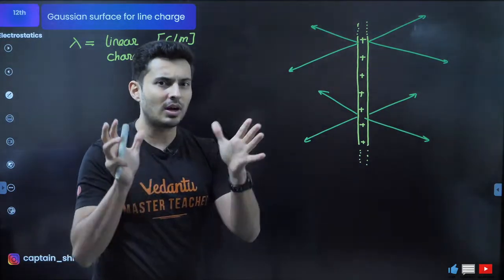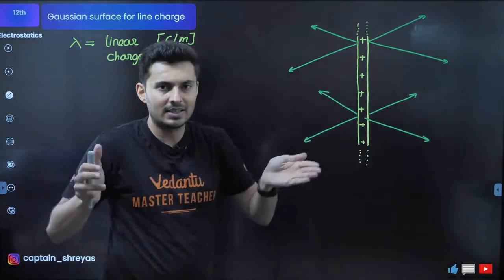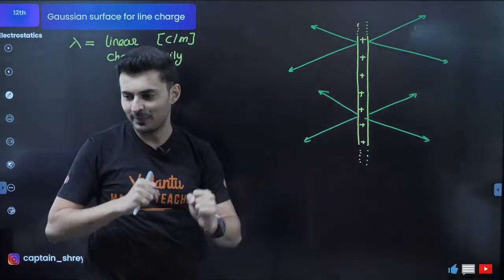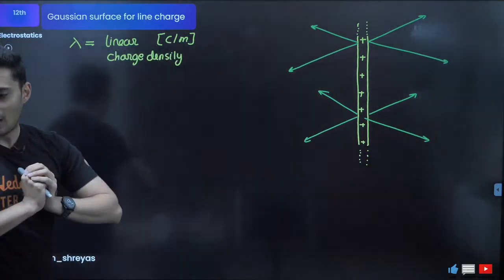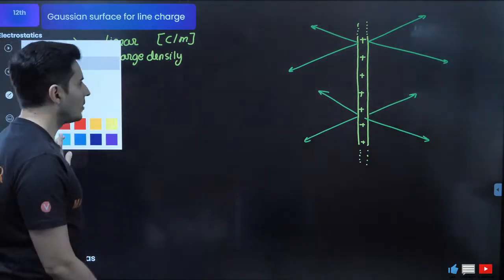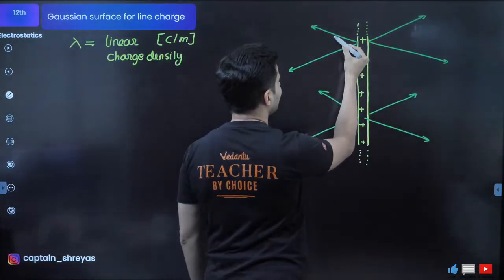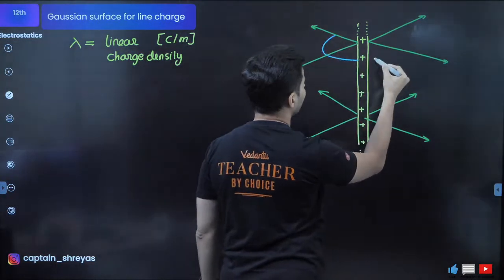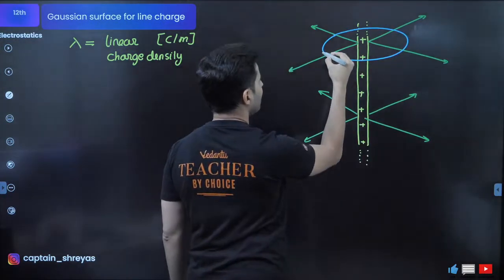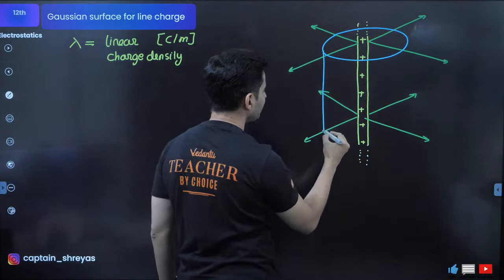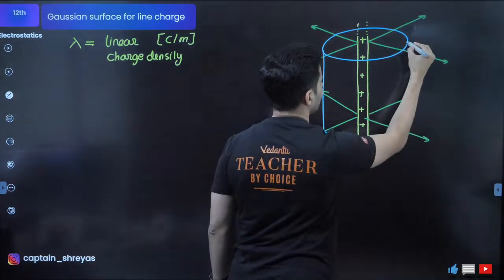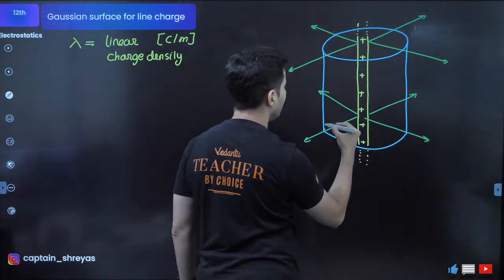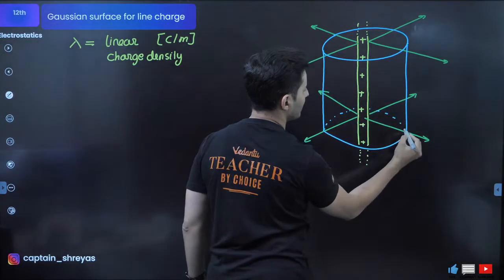So I will choose a Gaussian surface which is symmetrical like this. Maybe I can think of a cylinder. So let's draw a cylindrical Gaussian surface, like this. Observe this cylinder. This is nothing but a cylindrical Gaussian surface.